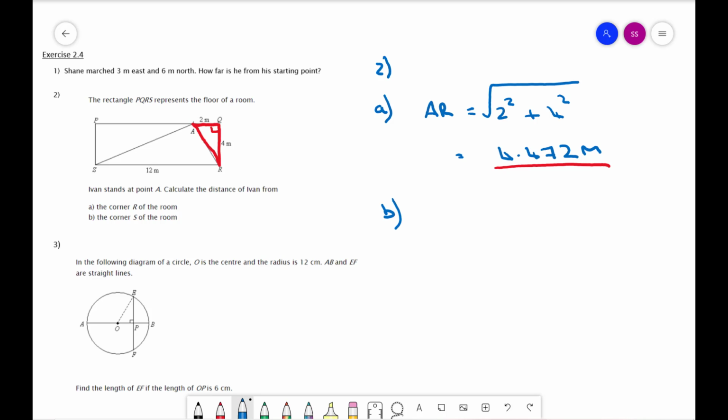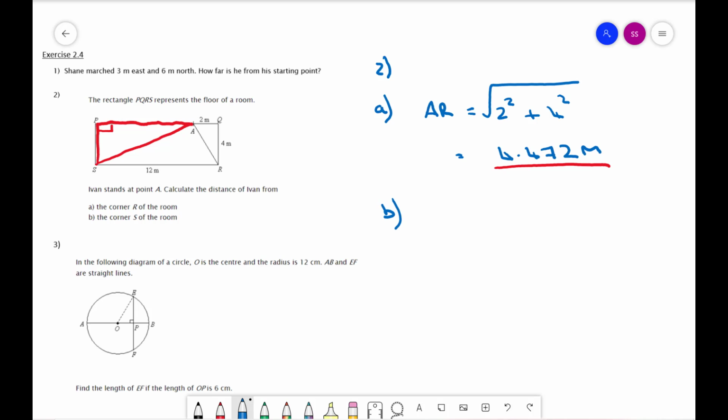For part B, if I just clear my diagram off here, for part B, it now says the corner S of the room. So this is this particular one here. So we could now be looking at this right-angled triangle for that one there, where that's the right angle. So first of all then, we need to pick up some dimensions of our quadrilateral here, or our PQRS shape.